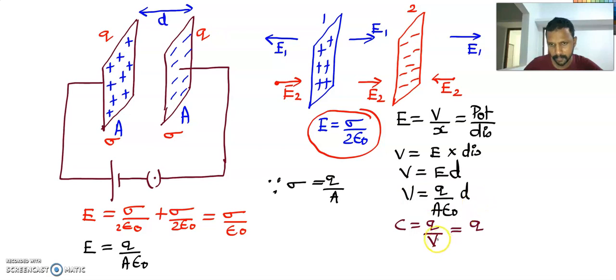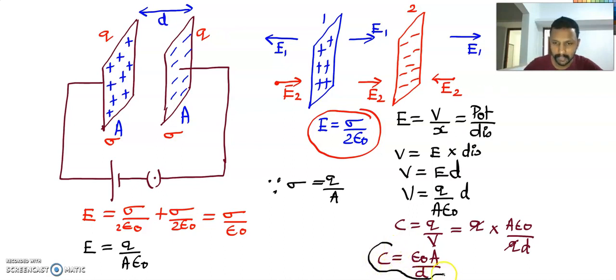Since this is V, we have to multiply by A epsilon 0 divided by QD. That is the reciprocal of V. Okay, Q and Q will get cancelled. Therefore, C is equal to epsilon 0 A divided by D. This is one important expression, and this is the expression for the capacitance of a parallel plate capacitor.